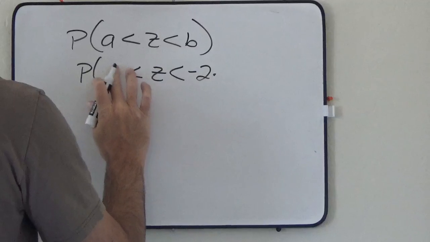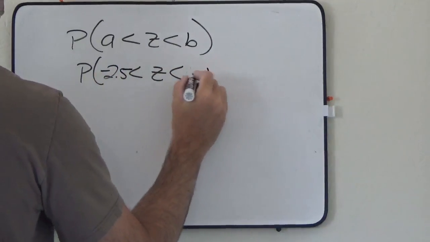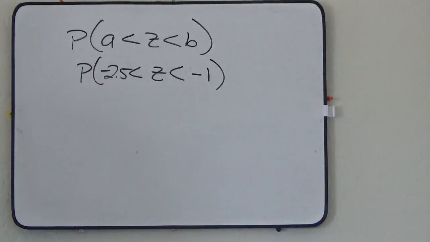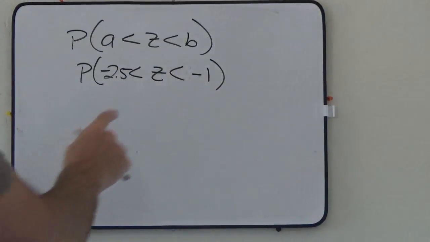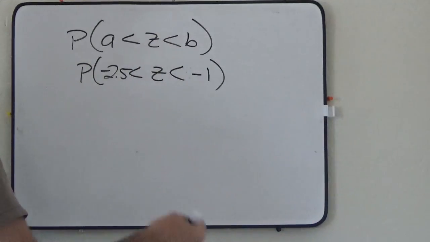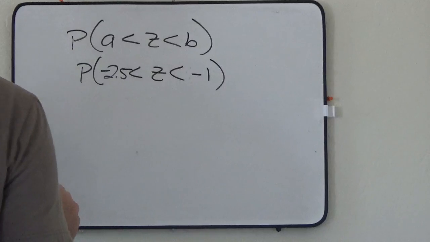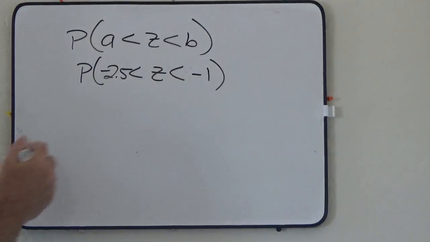Actually, I do those backwards. -1's bigger, so -2.5 and -1. Okay? That's the one we just solved. That means you're finding the value in between the two. You're going to subtract the probability when you find -1. That's a -1 z-score. You find the probability of it, and the probability of this one, you're going to subtract those in that case. Okay? So that's the first way that you'll see problems.